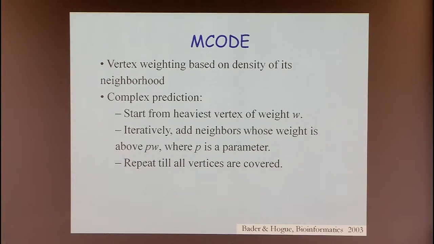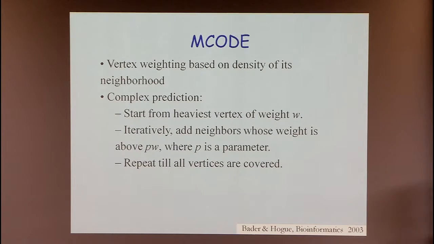And then it does the complex prediction, and the complex prediction is sort of heuristic. You start with the highest weight vertex, and then you try to join to this vertex other vertices that are neighbors of it and have their weight at least p times the weight of this highest scoring vertex, where p is some parameter of the algorithm.